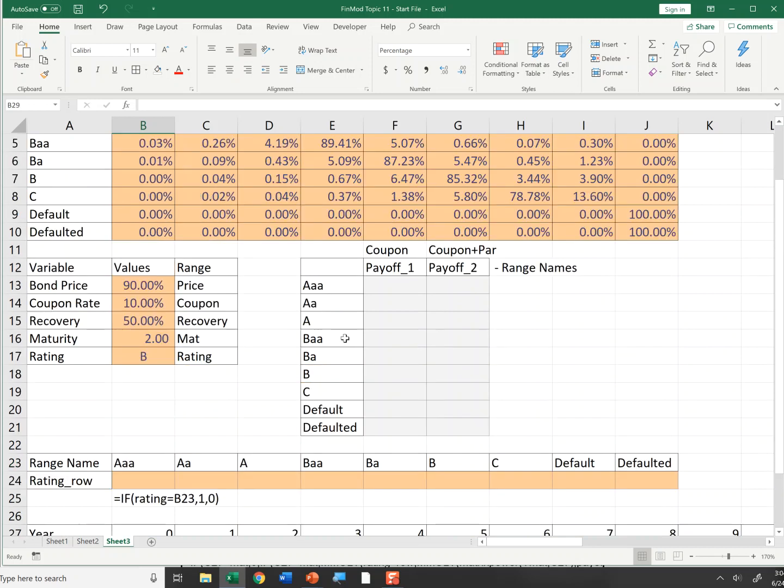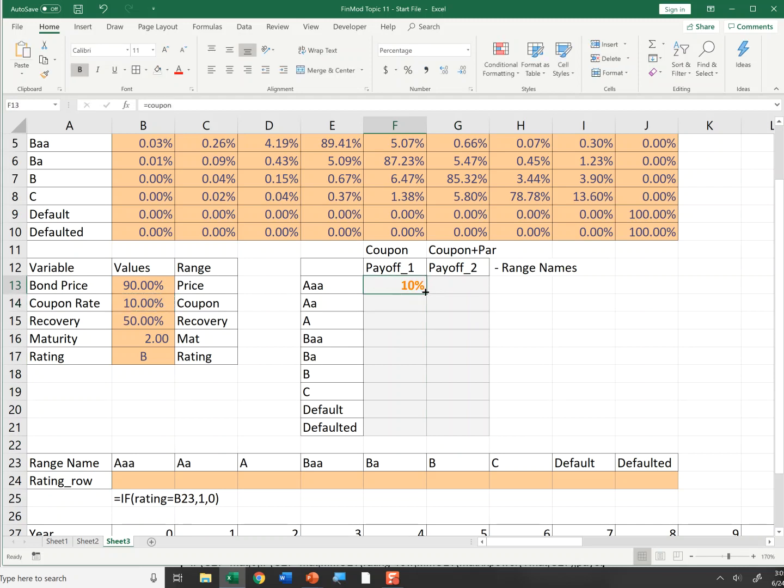But I need a couple things to compute first. That is, what are the cash flows as a percentage of par prior to maturity or at maturity based on rating? So let's say any given period prior to maturity, a AAA rated bond will simply get the coupon rate. Notice I have a named range in B14.